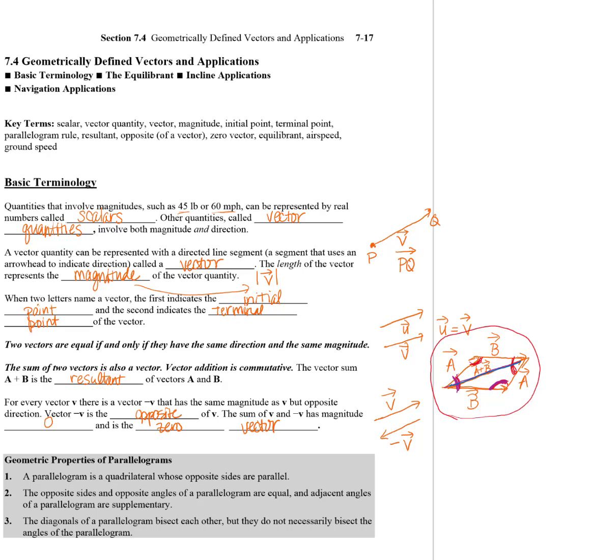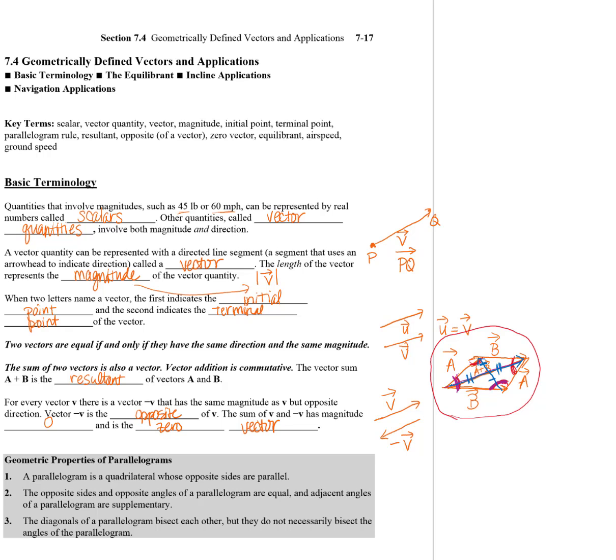This diagonal does not bisect these angles necessarily, but if you draw another diagonal in this direction, they bisect each other. So that means that this length and this length are the same, and this length is the same as this length here.